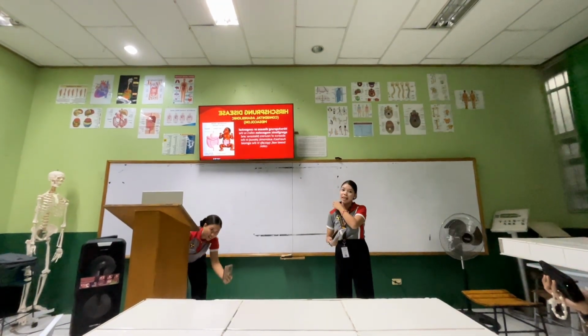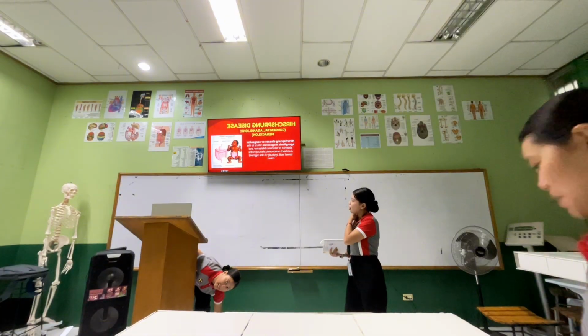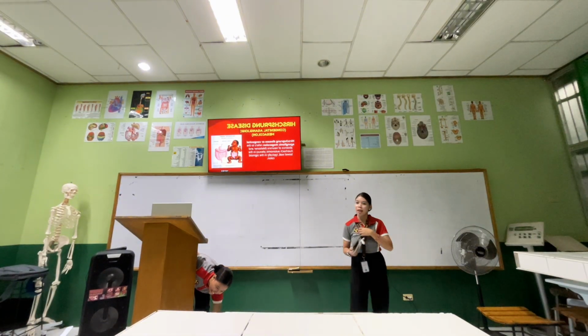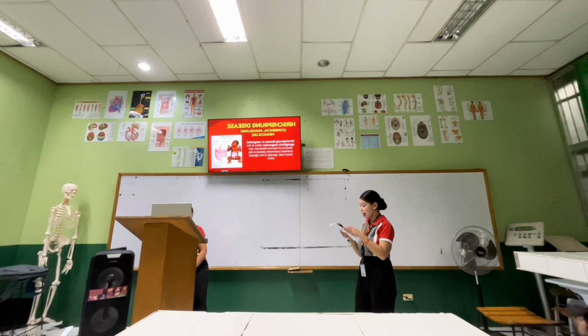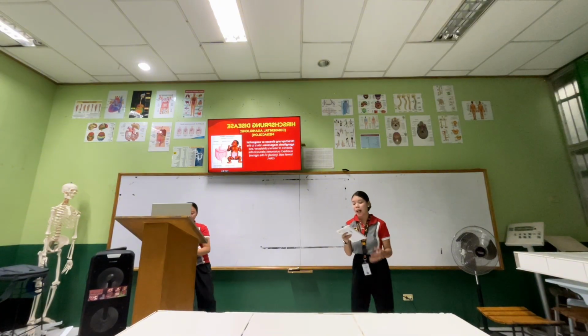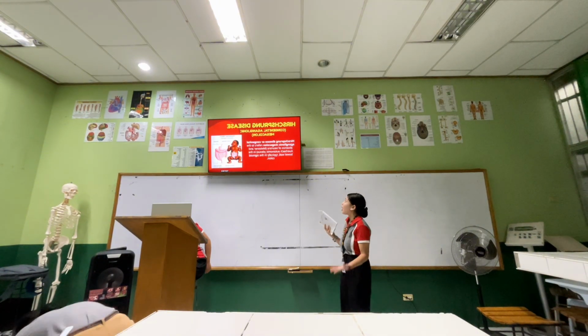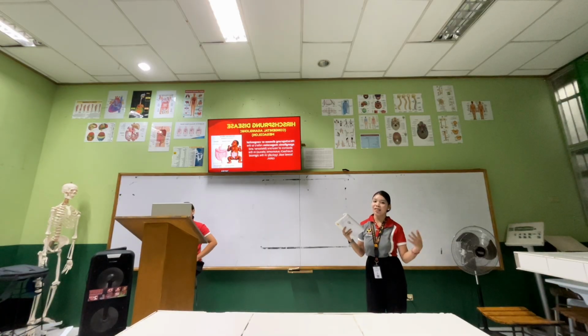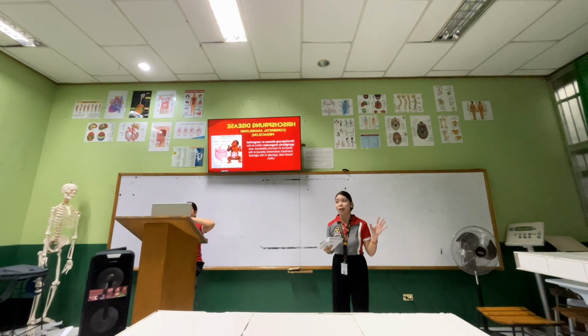So in this disease, there is nerve cells inside our intestine to help move our poop. In this disease, there is no nerve cells, so meaning missing ang nerve cells.